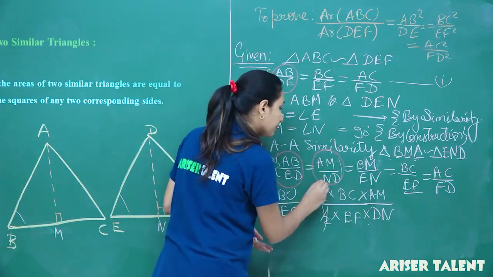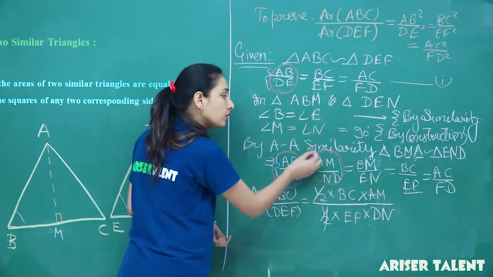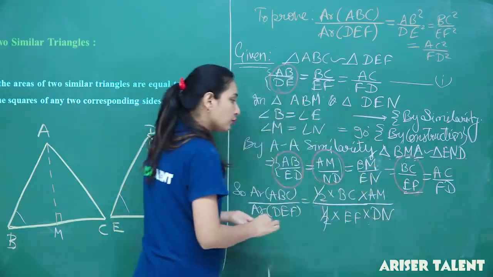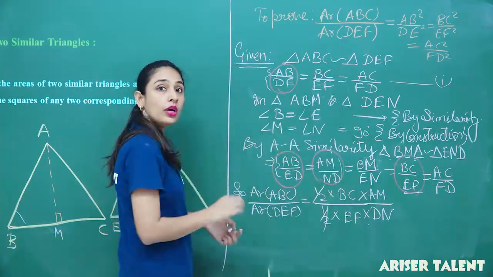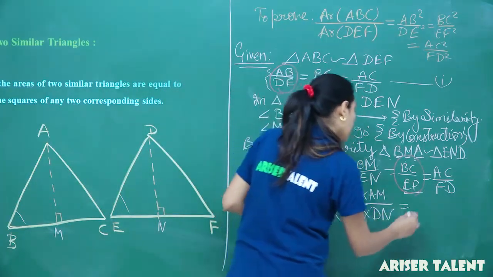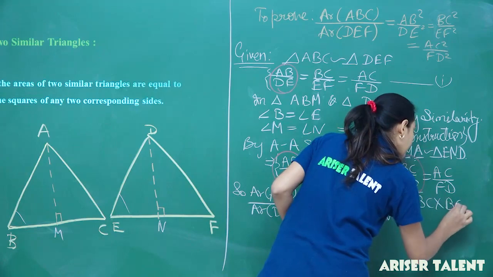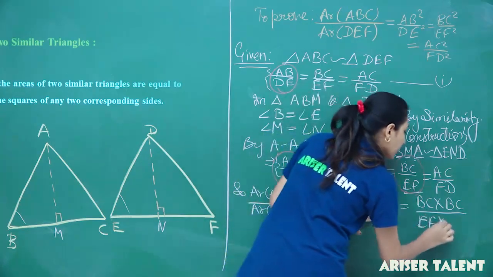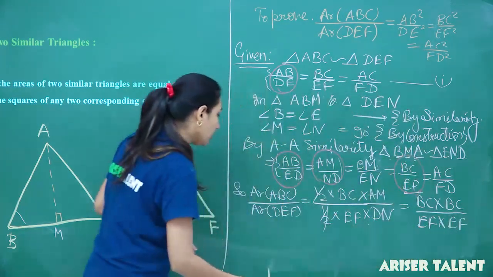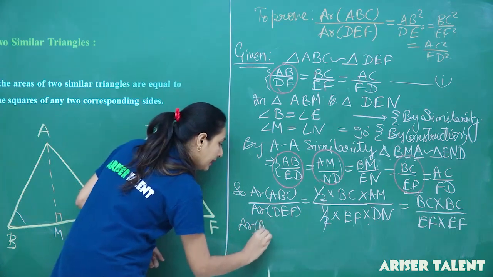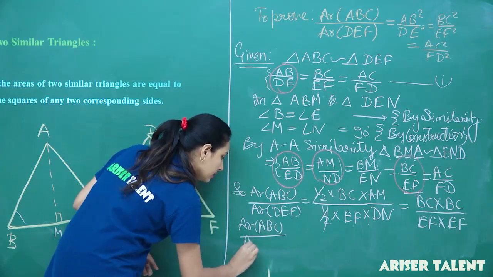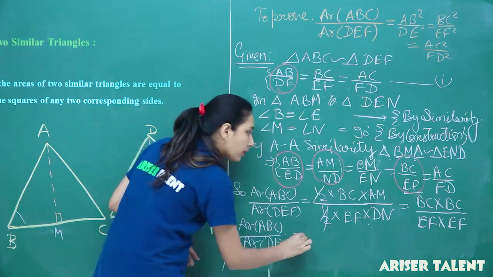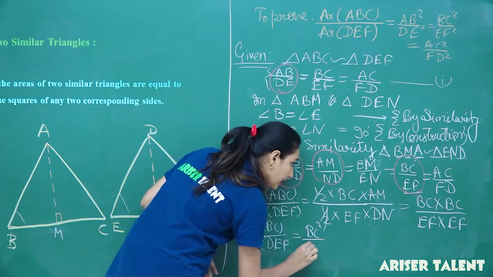So I can write BC by EF equals AM by ND, or AM by ND equals BC by EF. So I am replacing AM by DN with BC by EF. So that will be equal to BC multiplied by BC, and EF multiplied by EF. So what it gives me is area ABC divided by area DEF equals nothing but BC square by EF square.